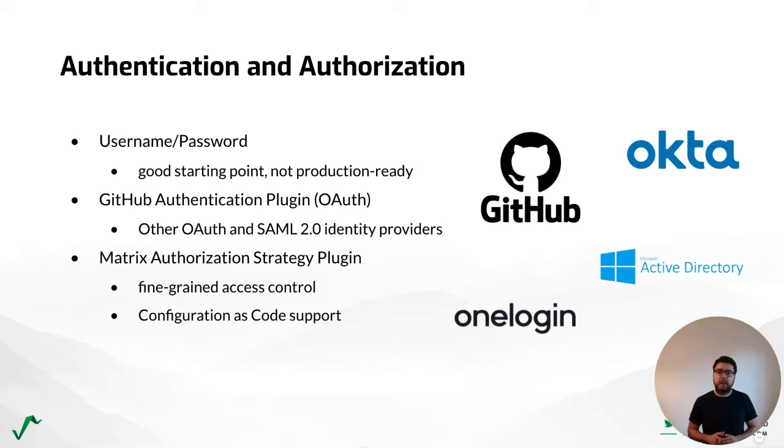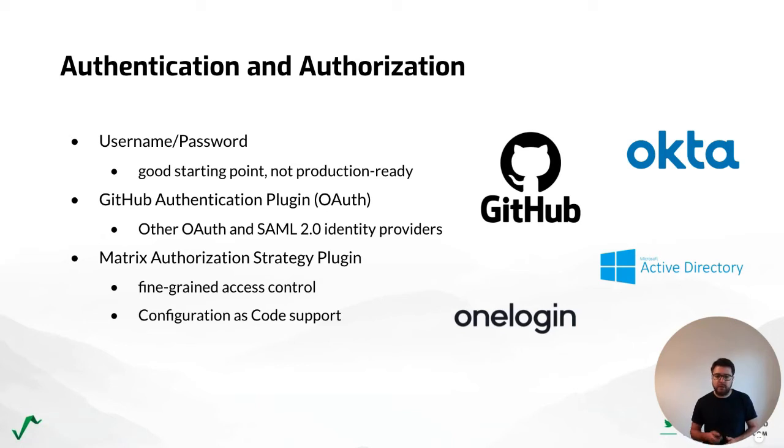Speaking of authentication and authorization, Jenkins by default gives you username and password authentication, which is a good starting point. Not production ready, definitely. And if you already use some identity providers within your organization, whether it's Active Directory, OneLogin, or something else, it's always good to have the same authentication flow for all services as part of your infrastructure.